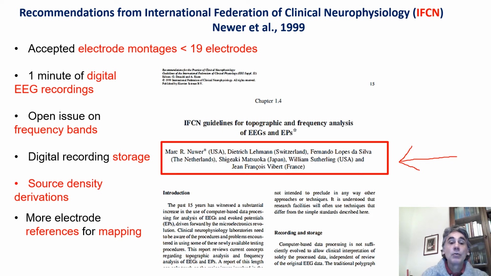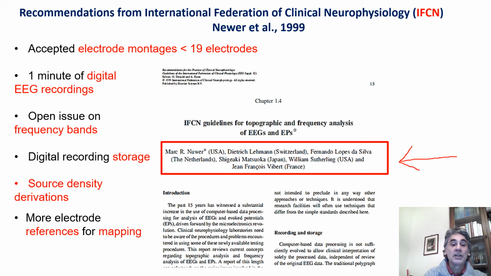That workgroup accepted the electrode montages with fewer than 19 electrodes of the 10-20 system. They encouraged the recording of resting state EEG activity for at least 1 minute to reach statistical power.